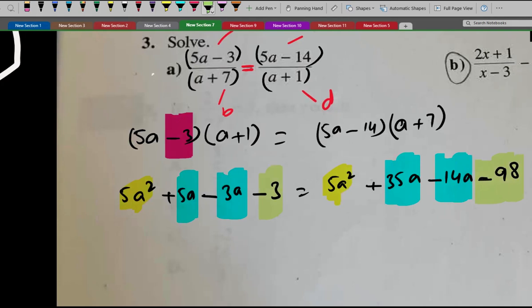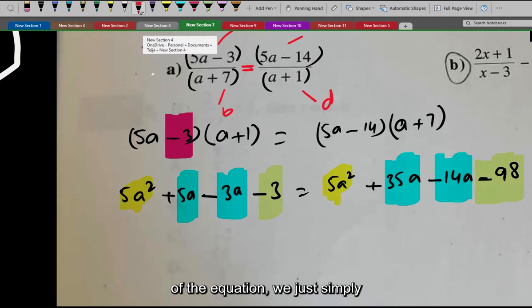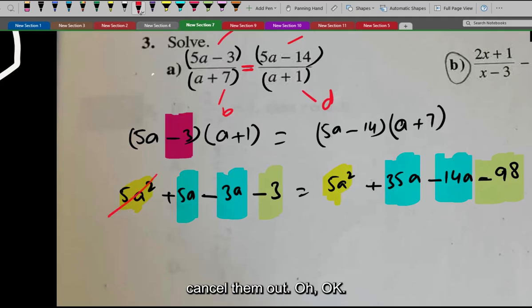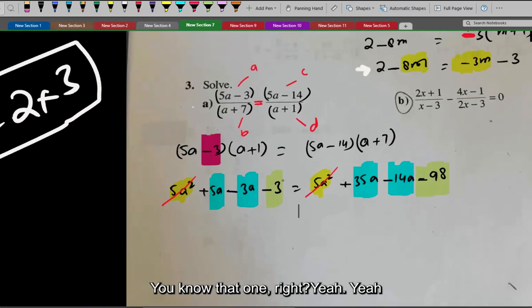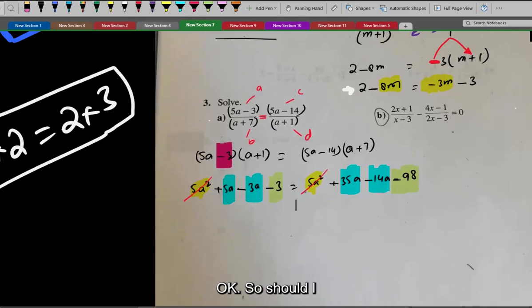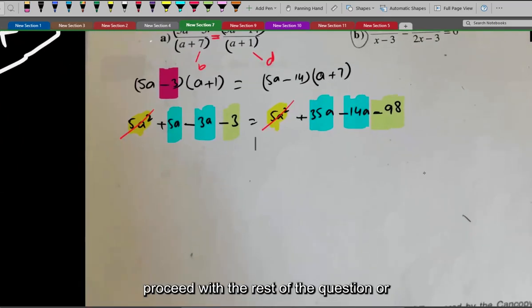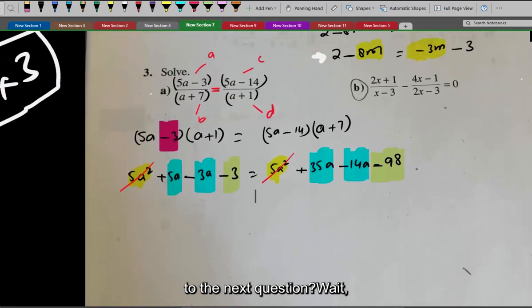So I think you would get. By the way, if we have the same terms on opposite sides of the equation, we just simply cancel them out. Okay. You know why, right? Yeah. Okay. So should I proceed with the rest of the question, or should I move to the next question?